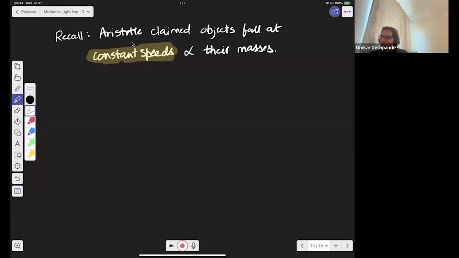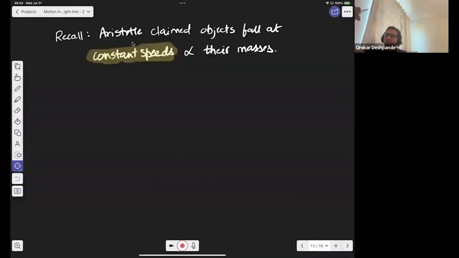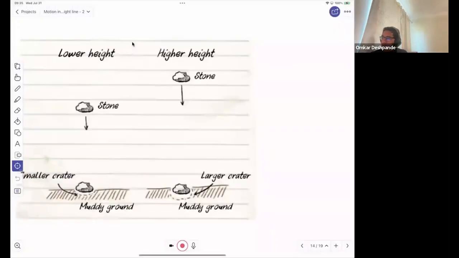So there were common observations of this kind. If you drop a glass cup from a lower height, it might not even get cracked. But if you drop it from the top of a cliff, it might smash into pieces. So people did point out these simple observations. When you drop a stone onto muddy ground from a lower height, it'll make a hole in the ground.